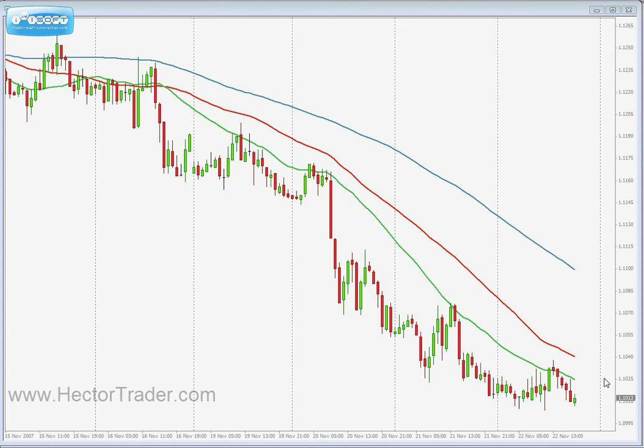The reason I'm showing you different currency crosses and time frames is so you understand that this is a universal principle. It applies to all time frames, which is why I consider it one of the main elements of my trading system.